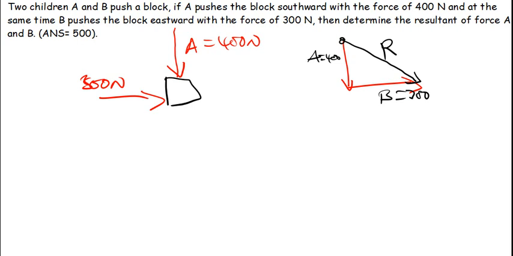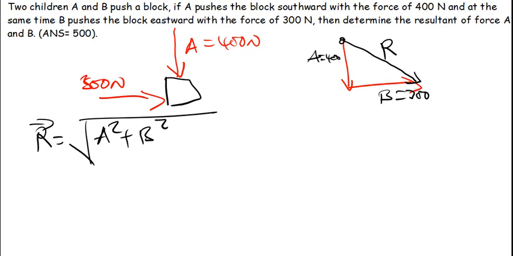Now to find the resultant, we can clearly see that here we can use Pythagoras theorem. So this is just direct. There is no debate about this. To find the resultant vector, it will be the square root of A squared plus B squared.